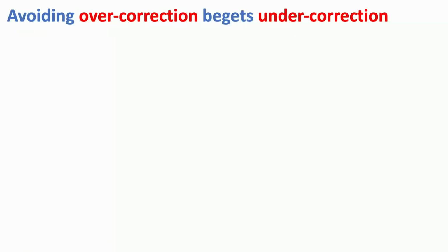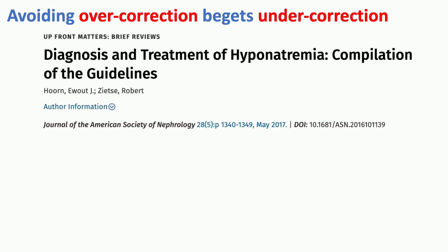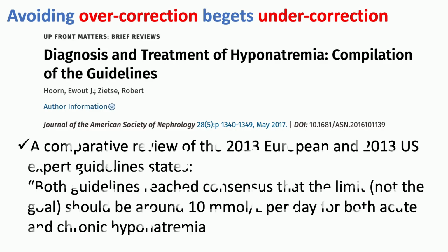And then the last tip I want to mention is really the discussion that's happening about the rate of correction of hyponatremia. As you know, the guidelines so far recommended that you avoid overcorrecting hyponatremia because of the changes that can happen at the cellular level, with neuronal shrinkage and ODS, osmotic demyelination syndrome.